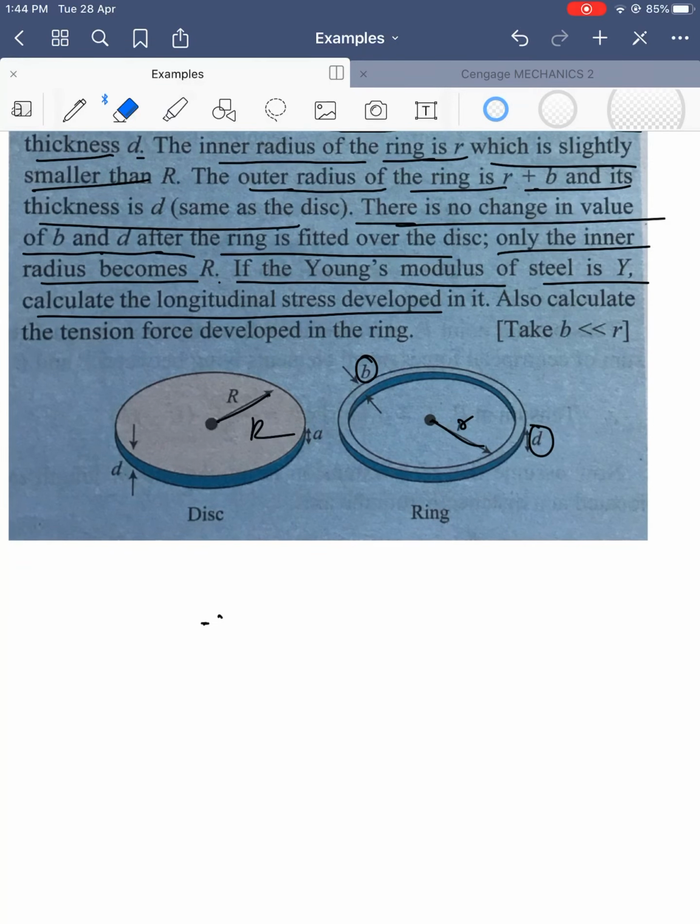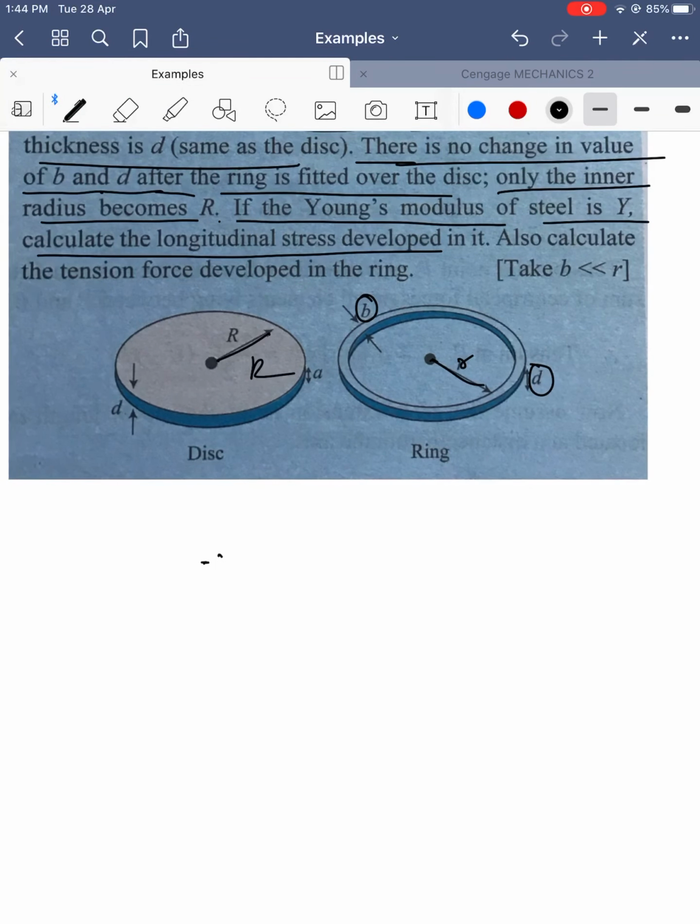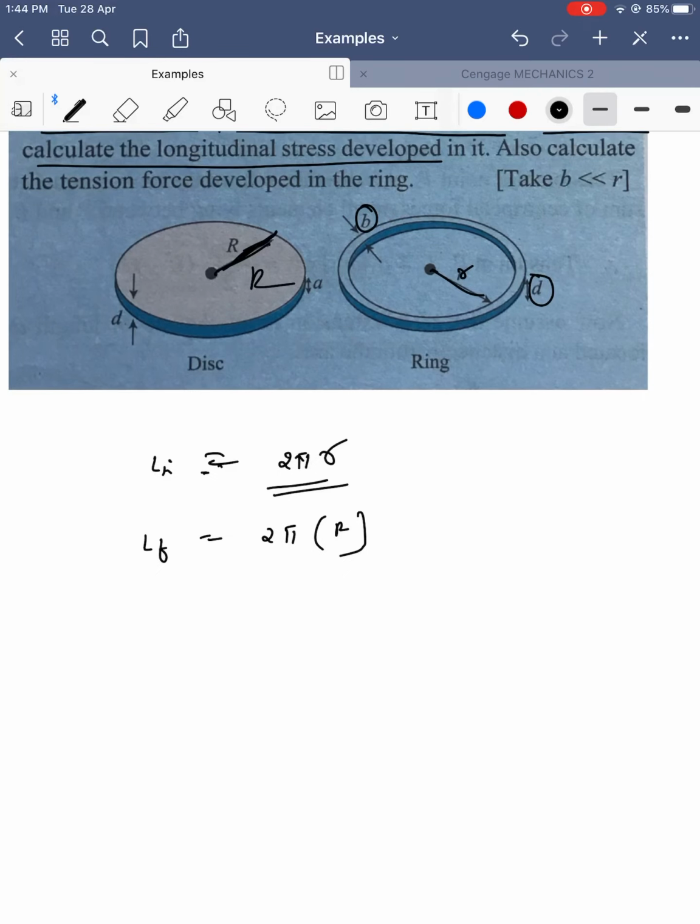So what is the initial length? Initial length is the perimeter, 2 pi into small r. Finally it should become 2 pi into capital R. What is strain?